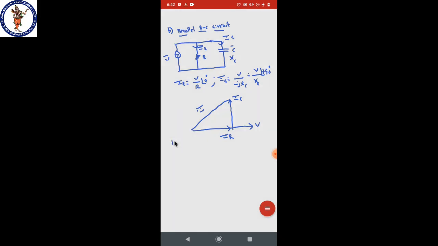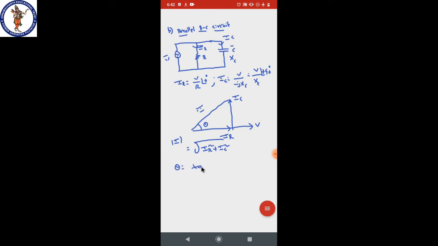Now I will write the magnitude of I. This is a triangle only. Already you know that. I equals the square root of IR squared plus IC squared. This is the angle theta.